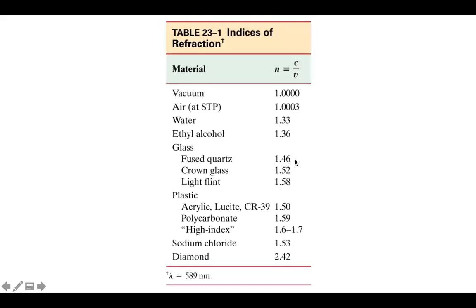Next slide. This is just a list to give you an idea of the index of refraction of some different materials. Vacuum is 1, because the speed of light over the speed of light is 1. Air is 1.0003, so effectively a very minimal change in velocity when light goes into the air, into our atmosphere.